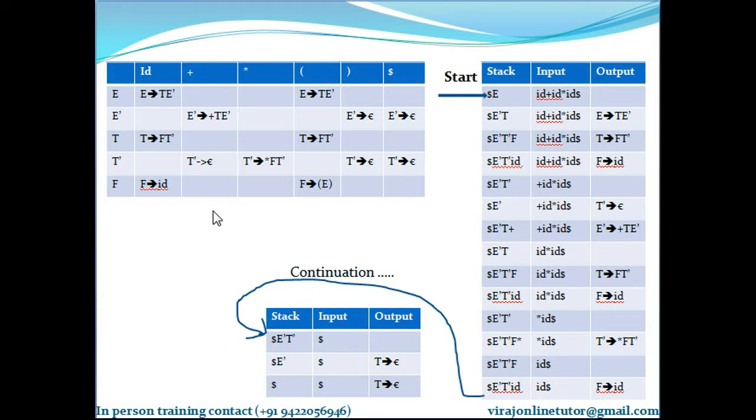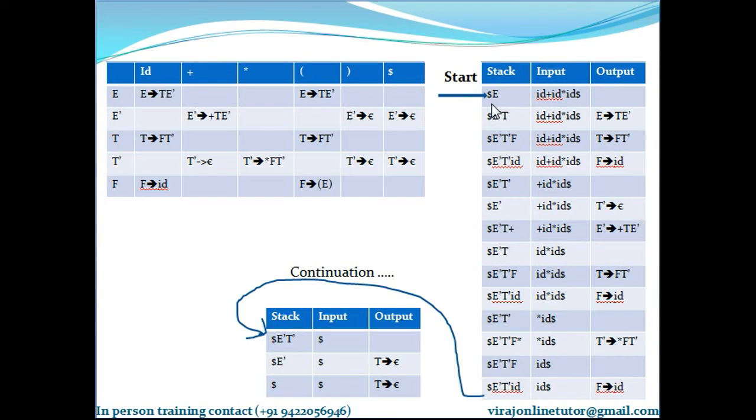In this parsing we have a stack, an input and an output column. Stack is represented by this column, this is the input string and this is the output. Now let's try to understand how to parse using predictive parsing.